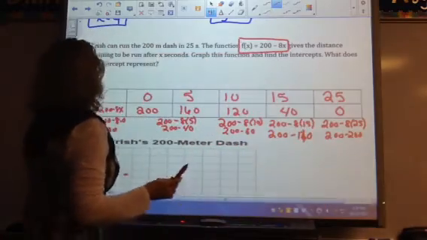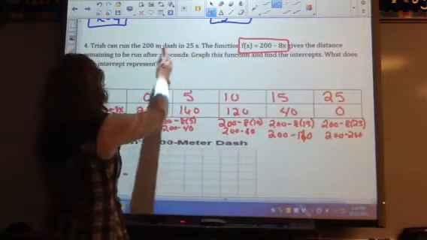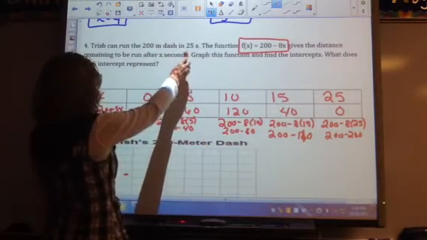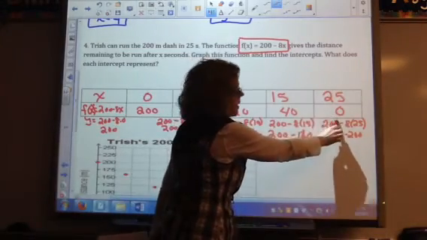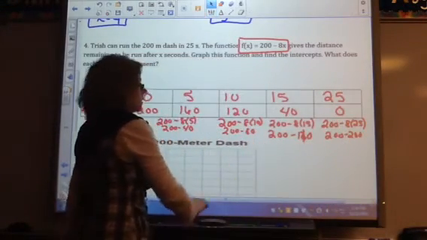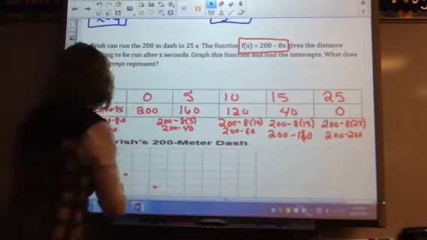Okay, and the reason, guys, that I had 25 here is because it says that she can run the race in 25 seconds. So that way it'll give me my x-intercept, where it crosses the x-axis.